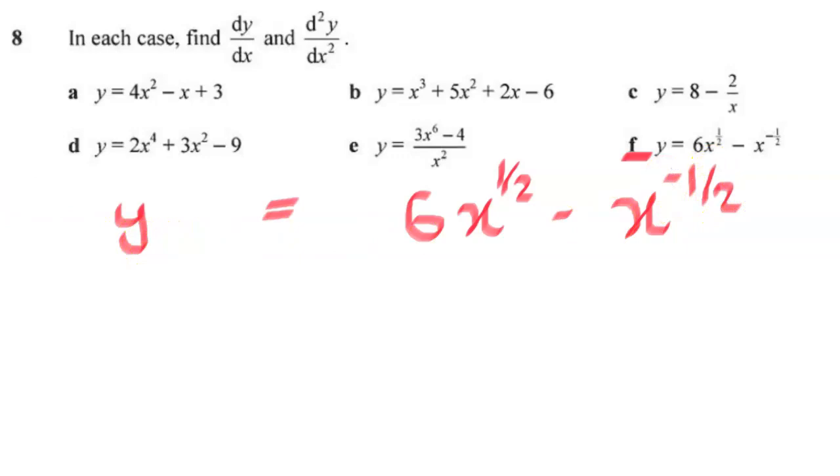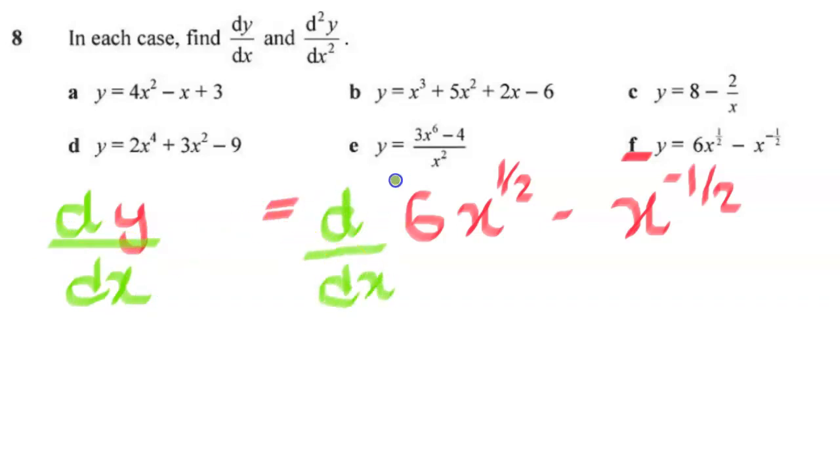Now it's asking you to differentiate. For the first differential, I will differentiate with respect to x. So d over dx here and d over dx on this side. But before you do, make sure you write on the top that you are differentiating with respect to x.